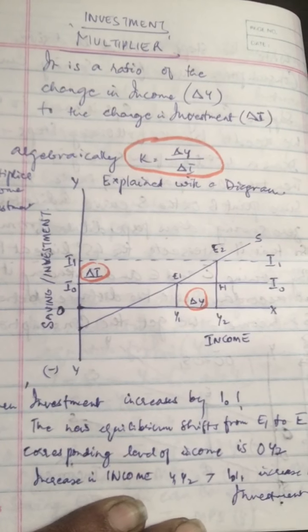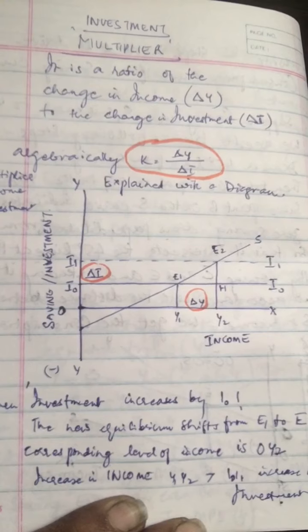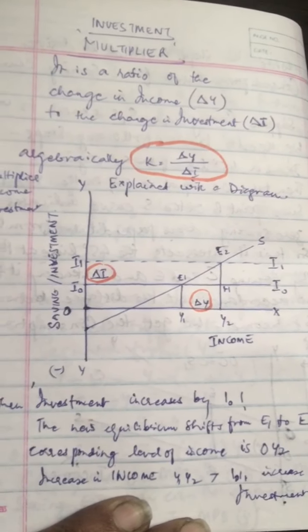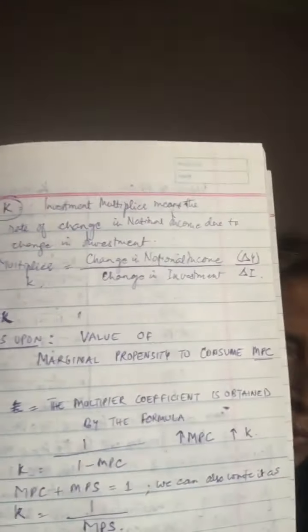So MPC and multiplier are directly related, and MPS and multiplier are inversely related. You just have a look and see that. Again, let me reiterate that multiplier depends upon the marginal propensity to consume.